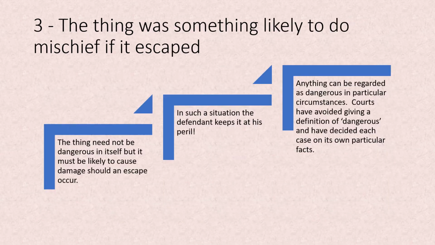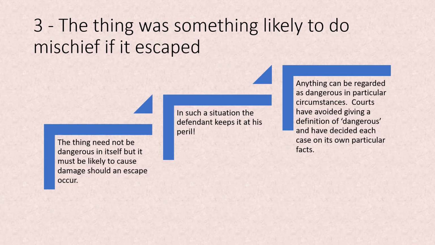The third element is that the thing was something likely to do mischief if it escapes. In scenarios you've seen things like oil, water, obvious things which could escape and cause some damage, but we need to be more careful and obviously go back over the explanation PowerPoint if you're unsure about what can constitute something likely to do mischief. The thing itself doesn't need to be dangerous, but it must be likely to cause damage should an escape occur.